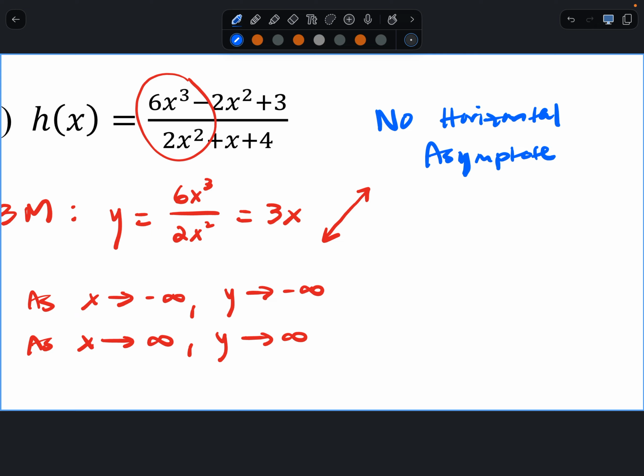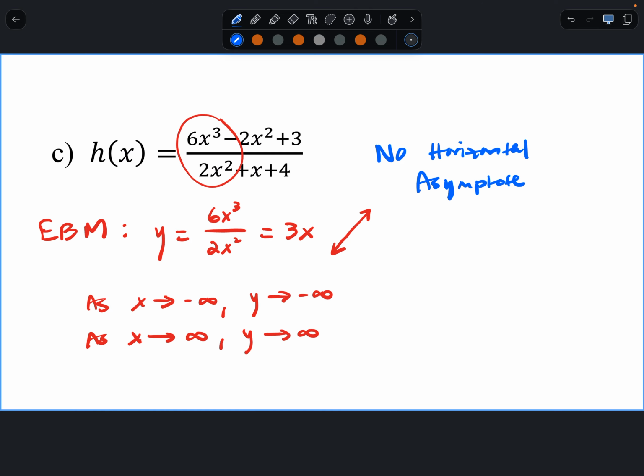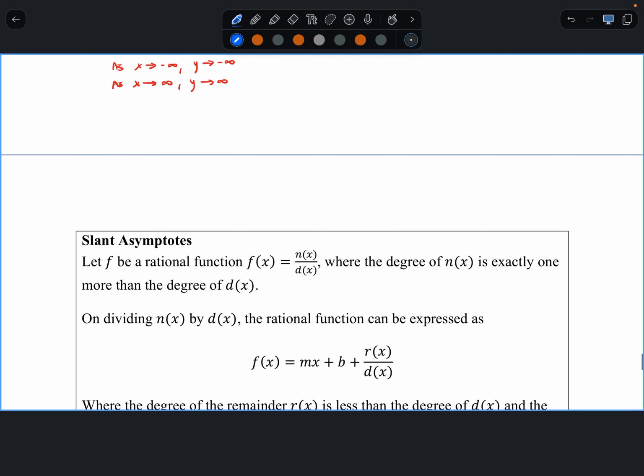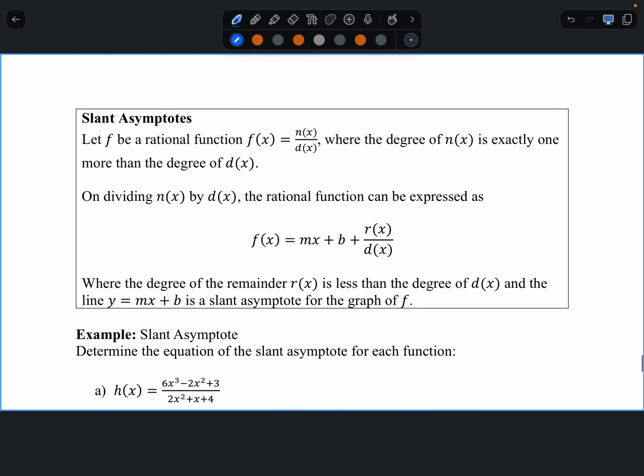This is the example we were just looking at. So we determined the end behavior model was y equals 3x, and we saw that the end behaviors were really similar.